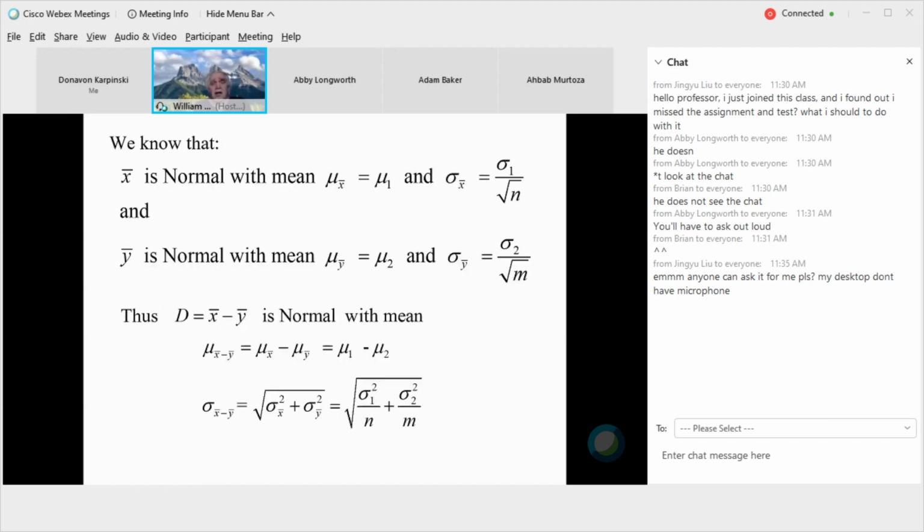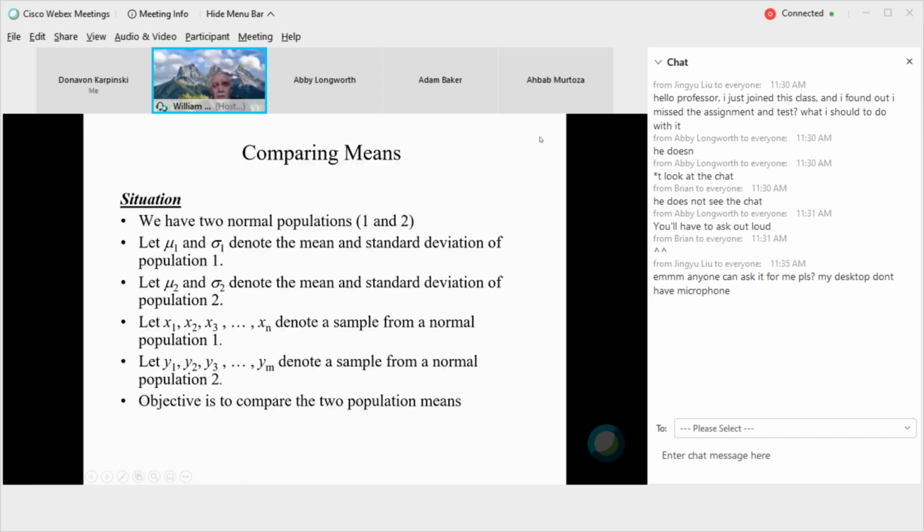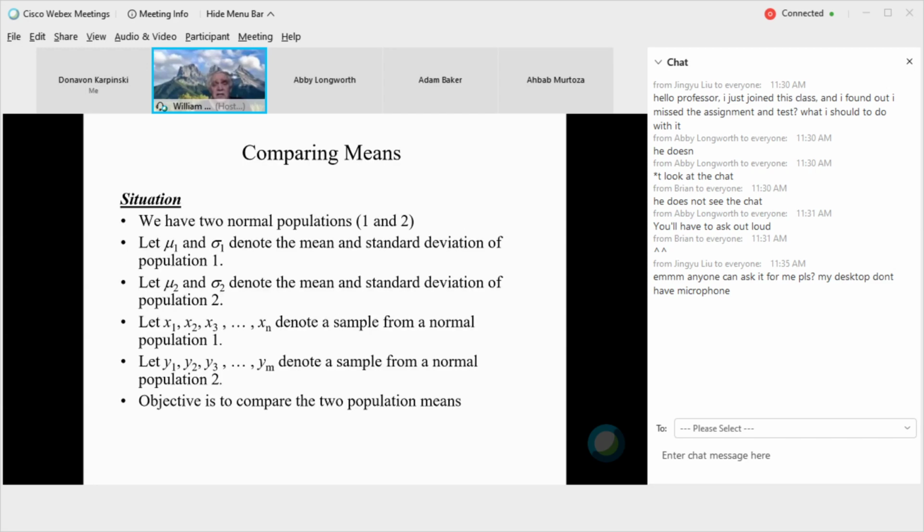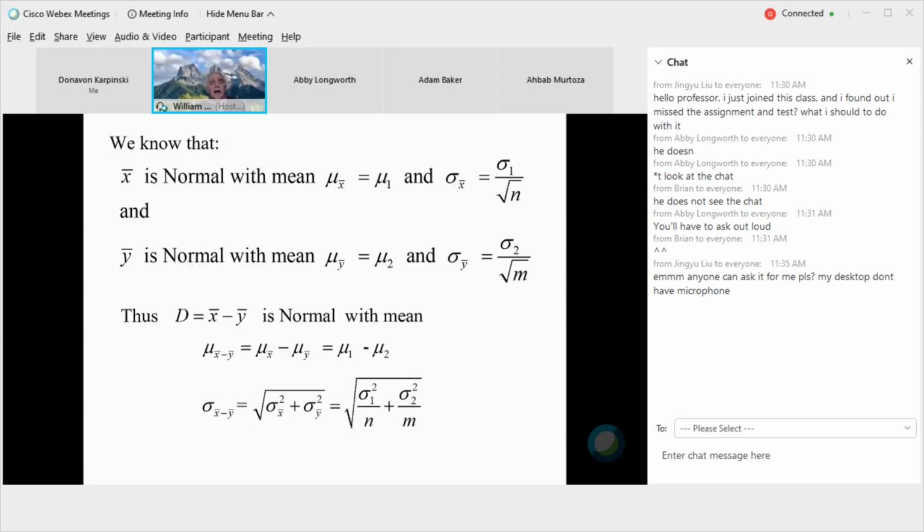X bar comes from a normal distribution. Mu X bar equals mu1. Sigma X bar is sigma 1 over root n. Y bar is normal with a mean mu Y bar equal to mu2, and sigma Y bar equal to sigma 2 over root m. Now, we'll use this property to compute the distribution of the difference, X bar minus Y bar.